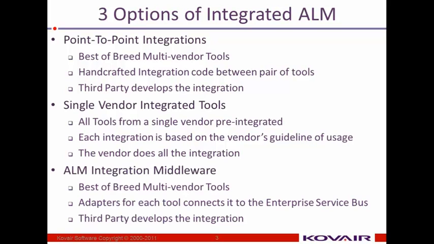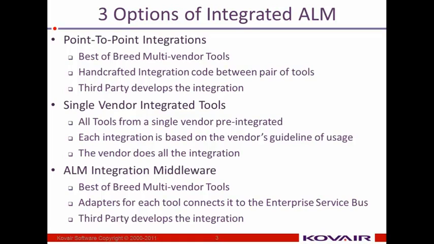So the third option and the best option is the ALM integration middleware. Using an enterprise service bus architecture, you should be able to integrate the tools individually to an enterprise service bus. And by doing that, all these tools become integrated with each other. The advantage of ESB is, first of all, like point-to-point integration, it also supports best-of-the-breed multi-vendor tools.